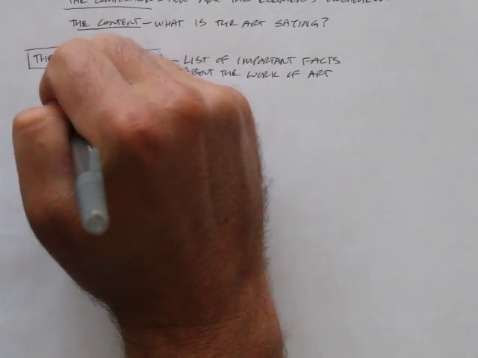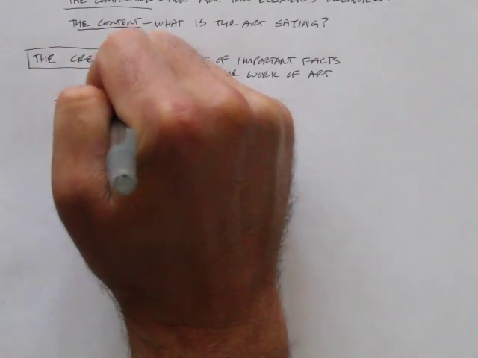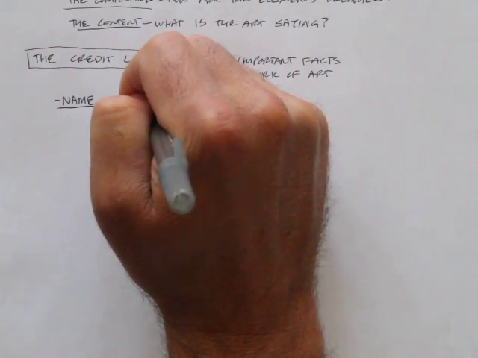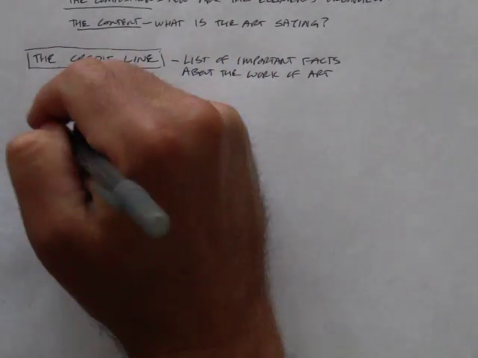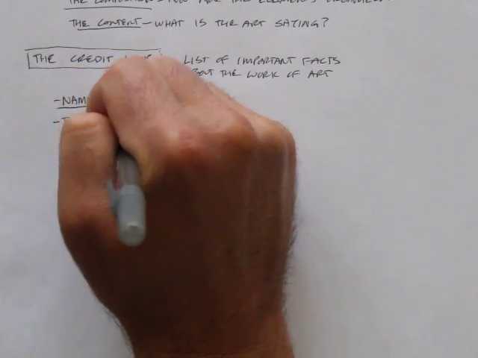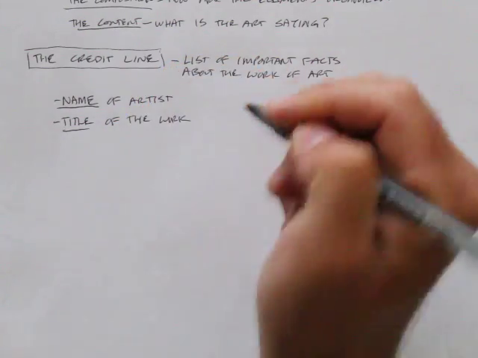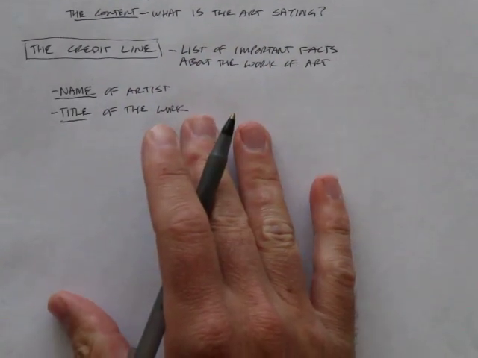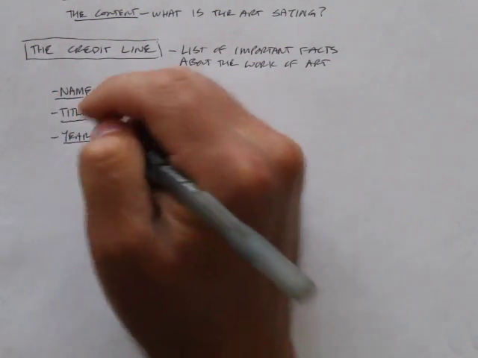1, the name of the artist. The name of the artist should be included in the credit line. The title of the work should be included in the credit line. The year that the work was created.